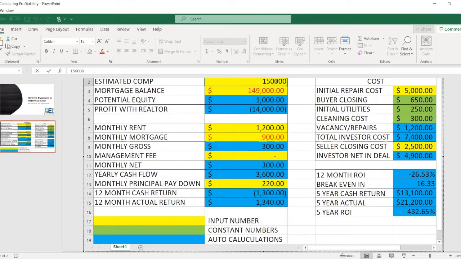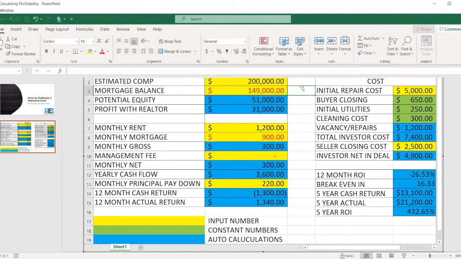So how do I get an estimated comp range? I like to send my properties that I get as a lead to 2 or 3 of my realtor friends. I'll have them run what they call a property analysis or comp, comparing my subject property to other properties in the area that fit within reason the same criteria.